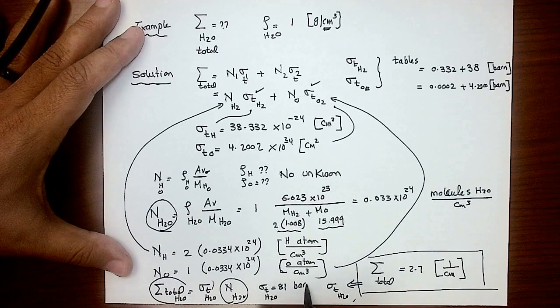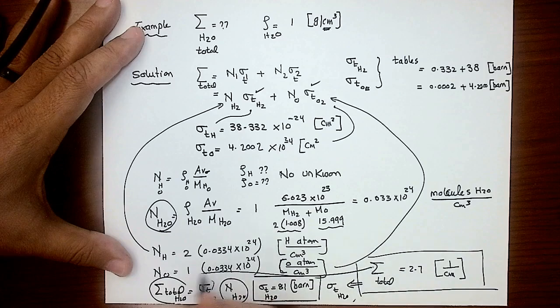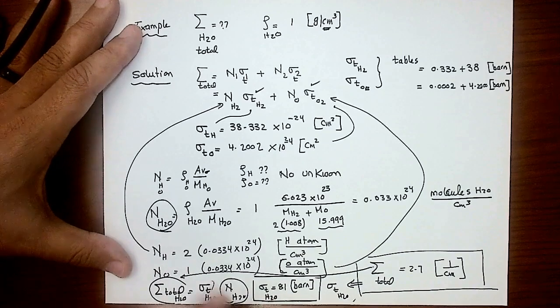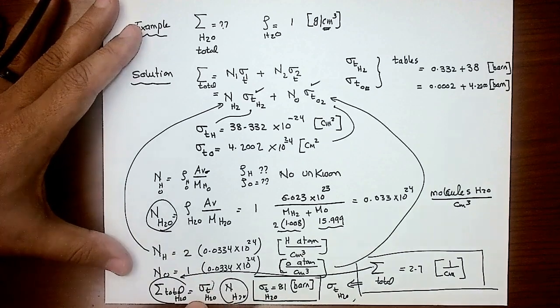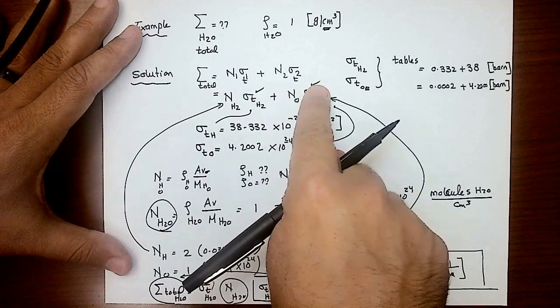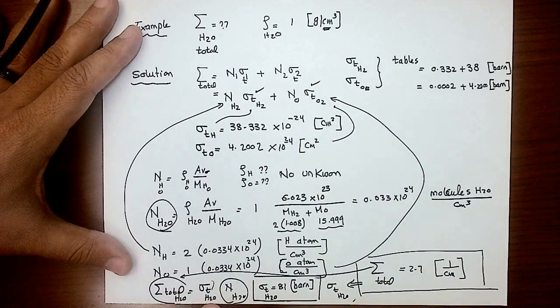This is just an additional request that you may experience in a homework problem. So I use that sigma here, and the number density I already calculated. I cannot calculate sigma for H2 and O individually, because capital sigma can be broken down into the components of the compound, but small sigma cannot.